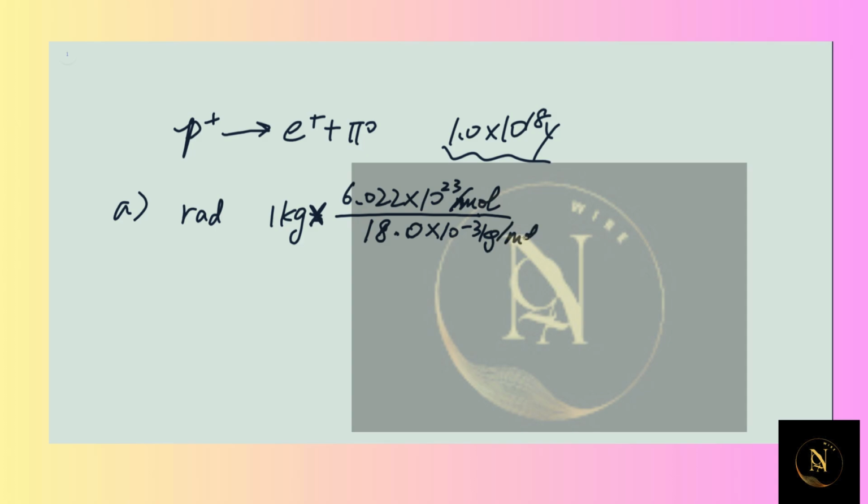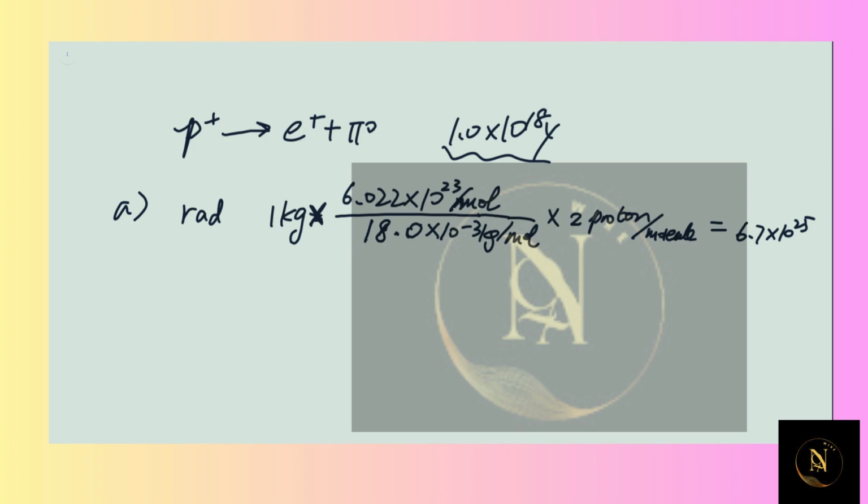We're assuming our body is purely made up of water. And then we have 2 protons per molecule. So we have 6.7 times 10^25 protons in each kilogram.